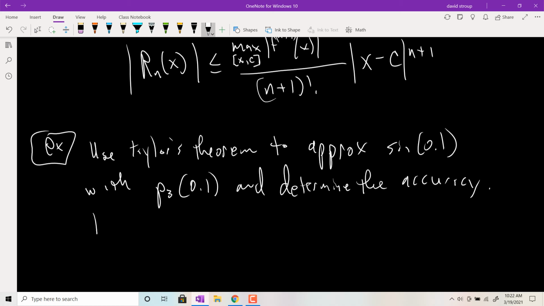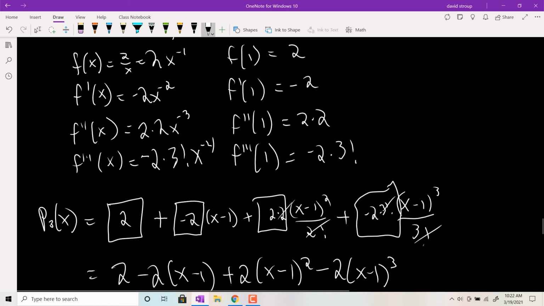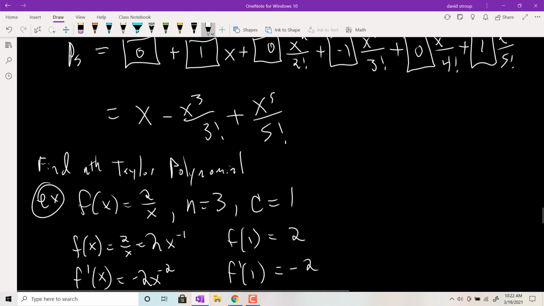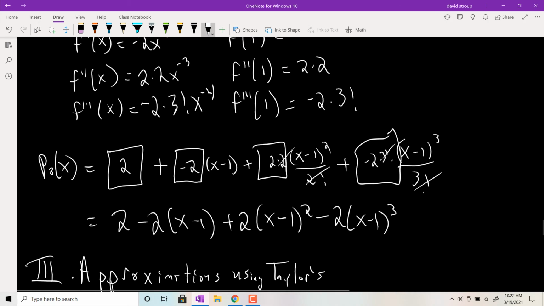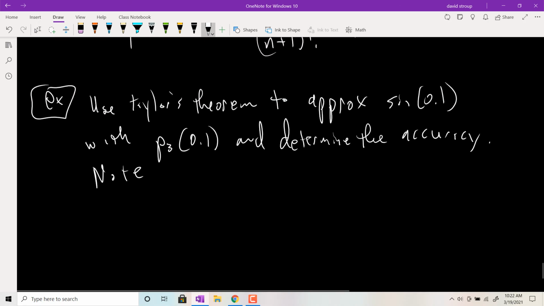First off, noting the third degree polynomial for sine x, which I found already up here. Oh wait, that's ln x. This is the fifth degree, so all I need is the third degree, so I just need these two terms for sine x. So what is p sub 3 of x? That's just x minus x cubed over 3 factorial.